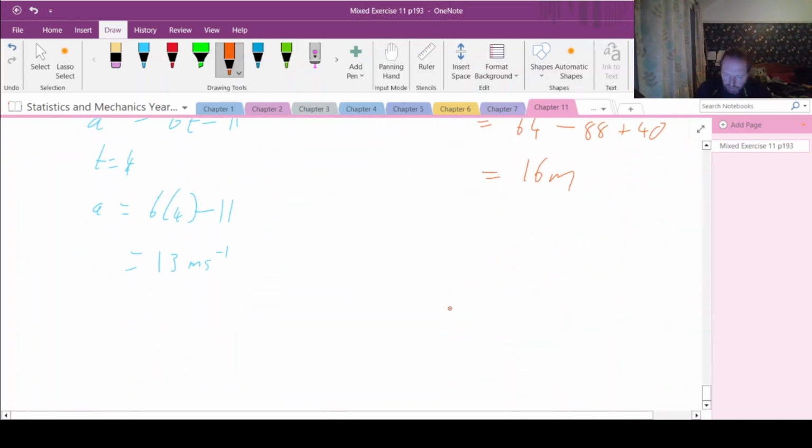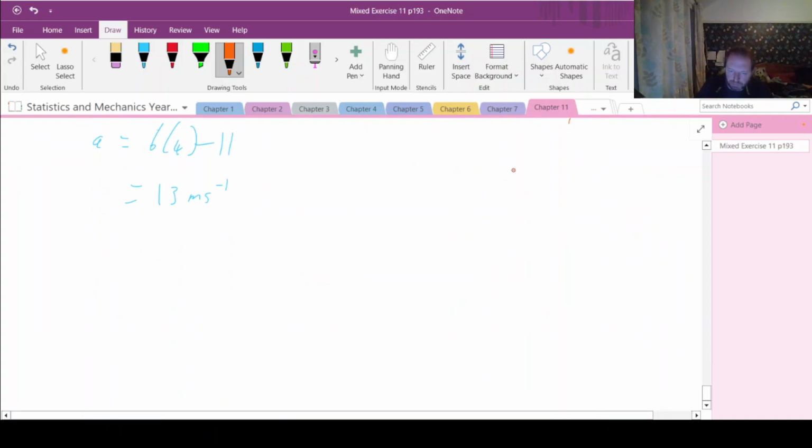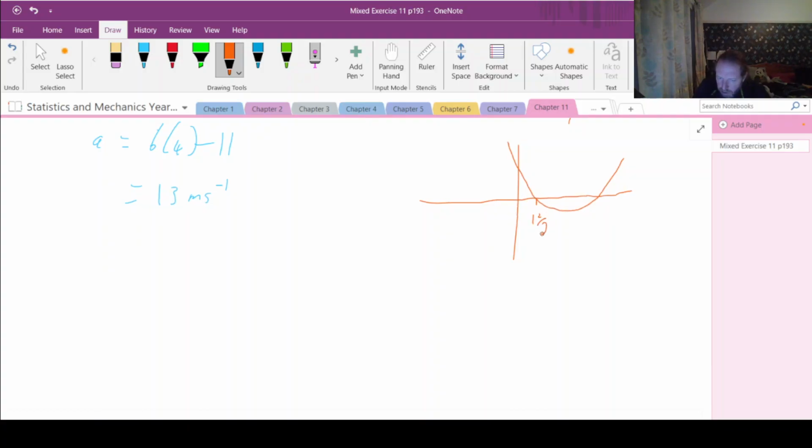If we look at the velocity graph, we come down here and it scoops like that, and that's the 1 and 2/3, and that's the 2 seconds, and of course 4 seconds is up here.